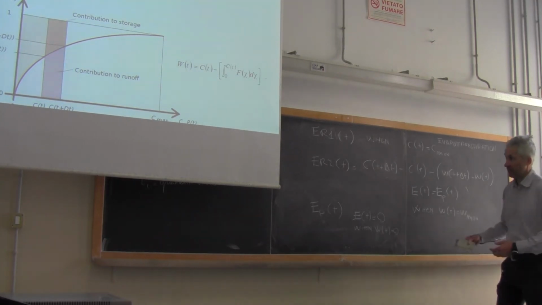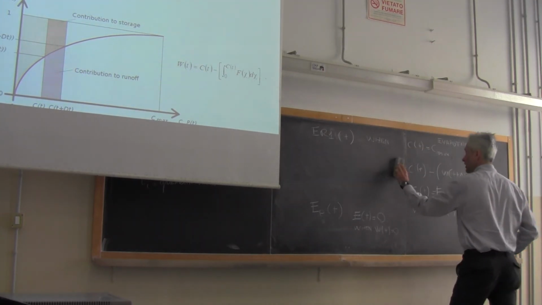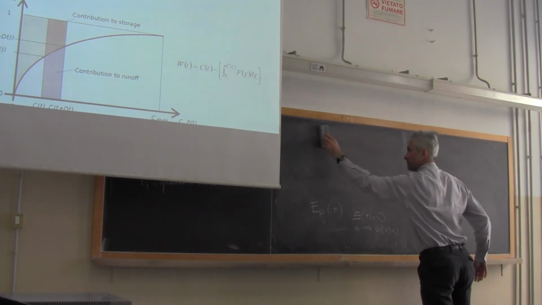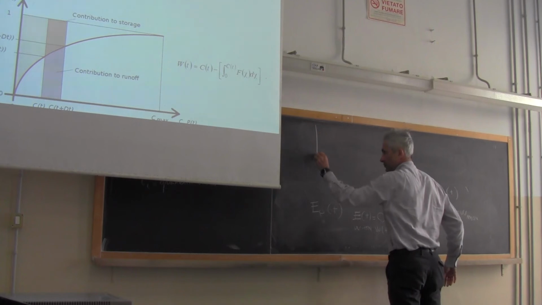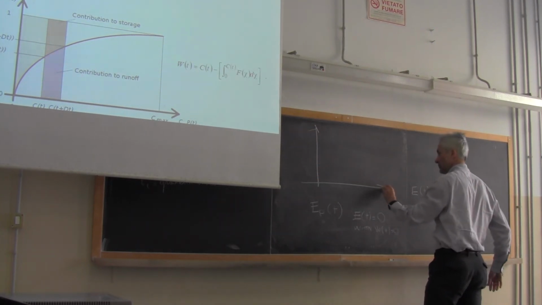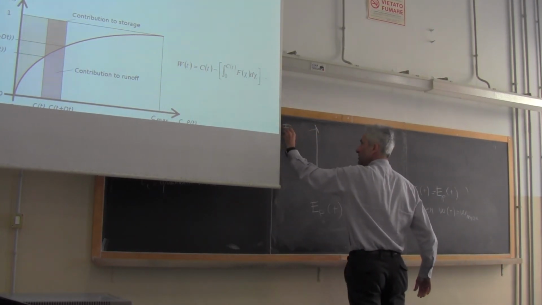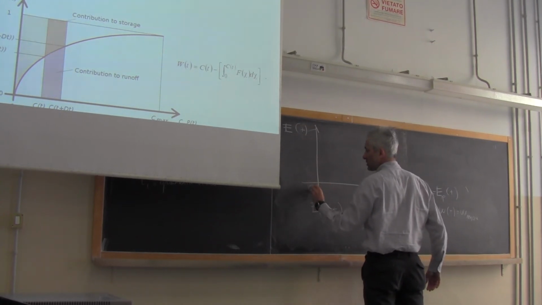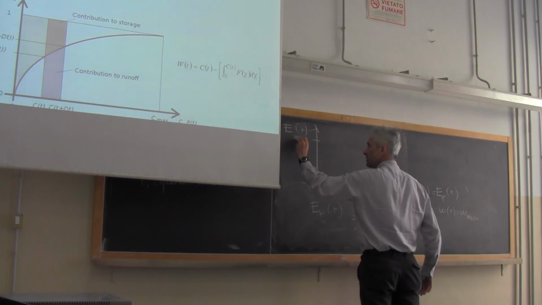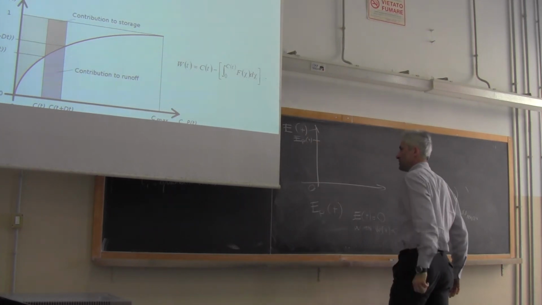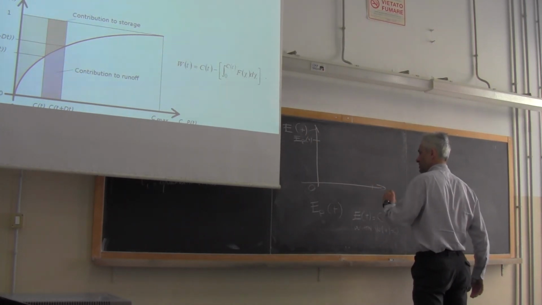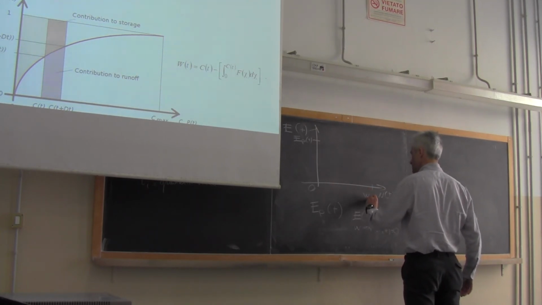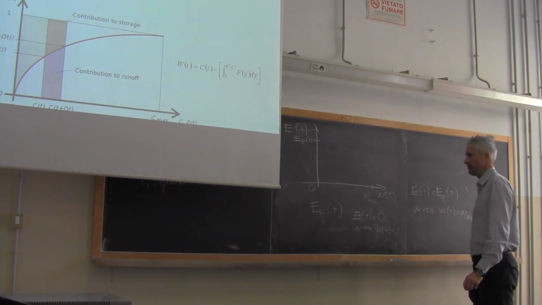So let me draw a graph of actual evapotranspiration. This is ET, which varies from 0 to EPT, and this is storage WT from 0 to W max. Okay, this is my graph.